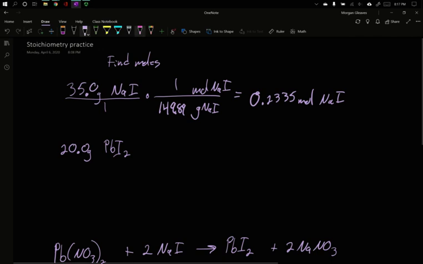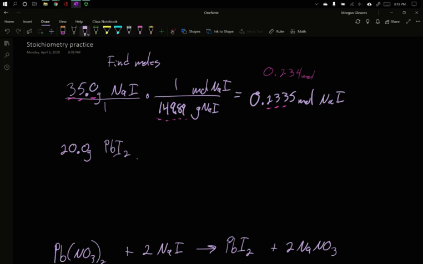If you want to think about sig figs for a second, I had 3, I had 5, so my final answer is going to have 3. But we don't round until we're done. We're going to use these later. But this would round to 0.234 mole. And since the top question only asks you to find moles, we'll let you see that rounding.